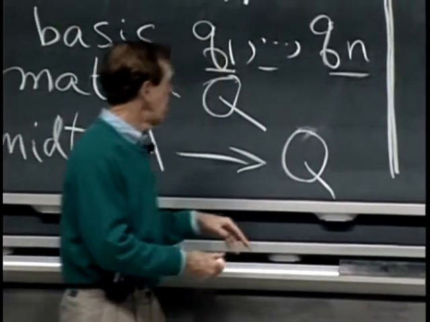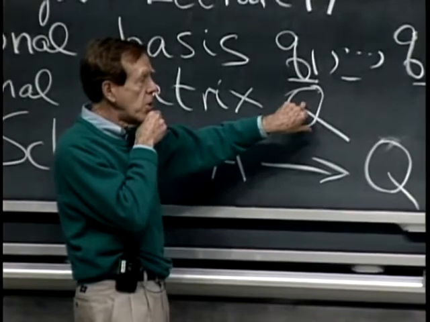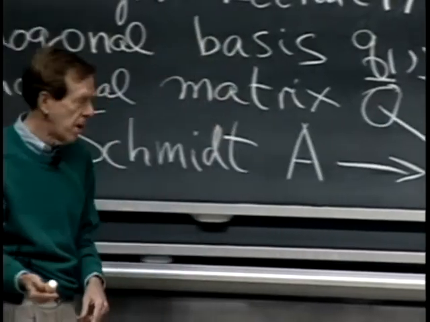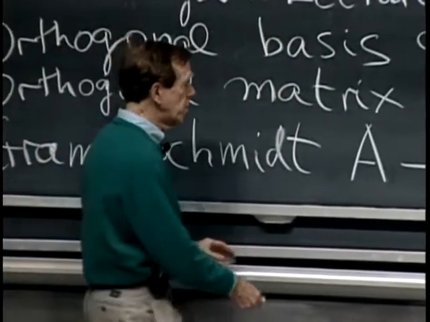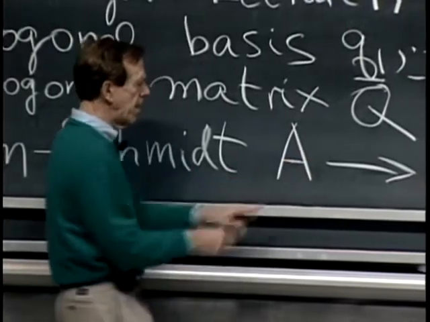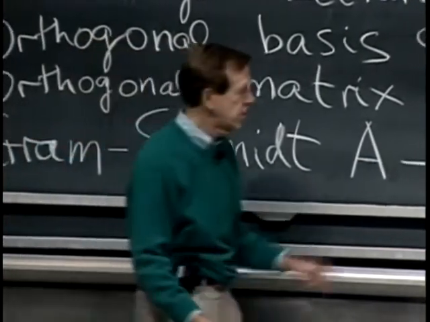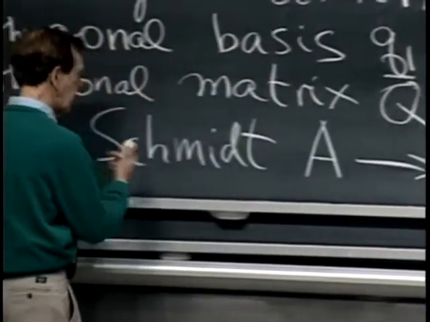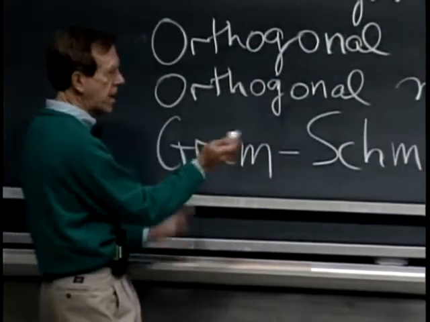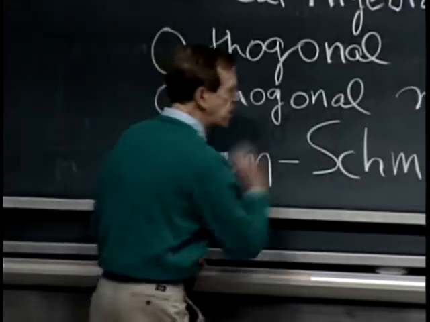And I'll put them into a matrix Q. And then the second part of the lecture will be, suppose my basis, my columns of A, are not orthonormal. How do I make them so? And the two names associated with that simple idea are Gram and Schmidt.